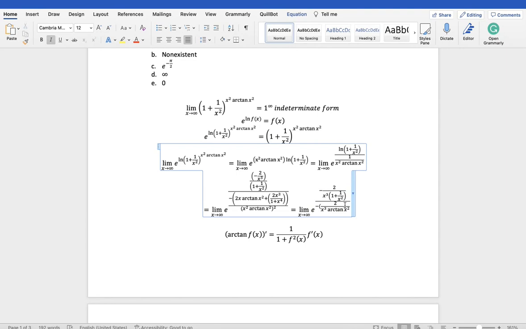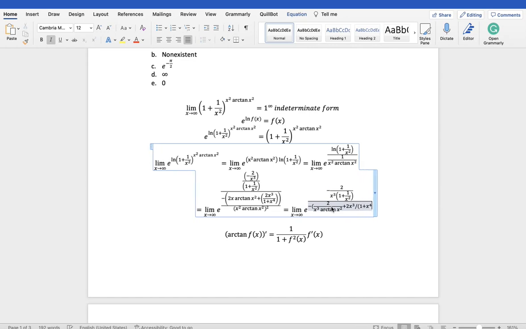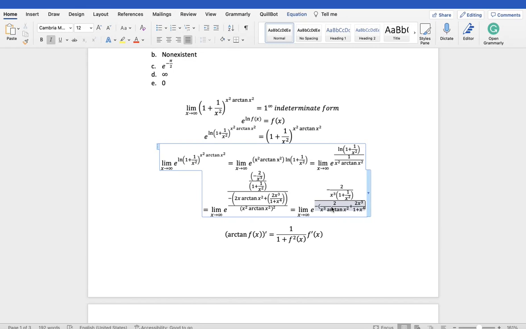Plus now the 2x cubed divided by the 1 plus x to the 4, but in the denominator here, you're multiplying by x squared, so x squared squared, which is x to the 4.